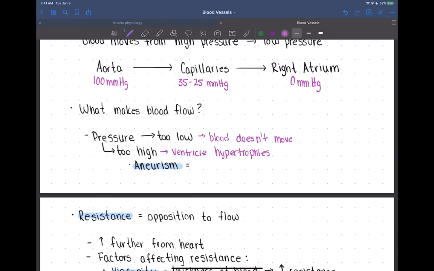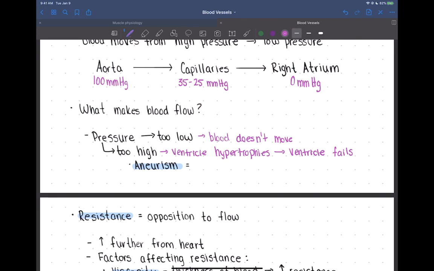Just like if you lift weights a lot and you lift more and more weight, your biceps get larger, your heart will end up doing the same thing. It'll hypertrophy. But with the heart, that can't be maintained over an extended time. So eventually the ventricle fails. And that would be a very serious problem.